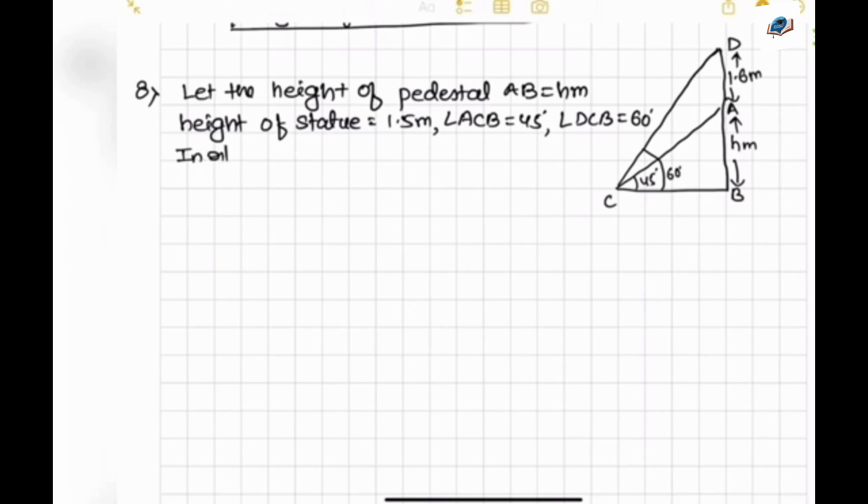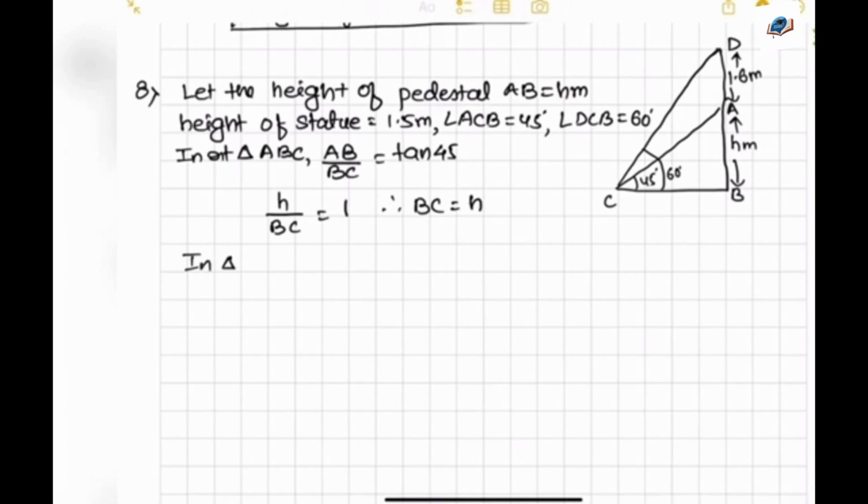So now moving directly, in right triangle ABC, AB upon BC equal to tan 45. So I can say h upon BC equal to 1. So therefore BC equal to h.